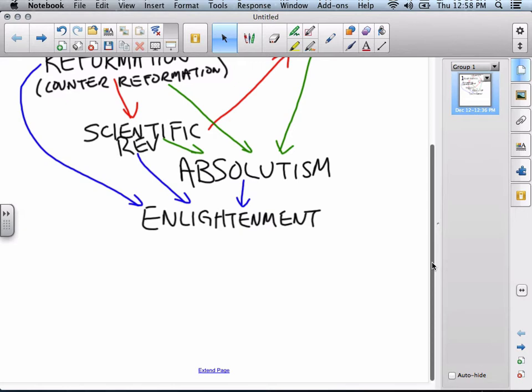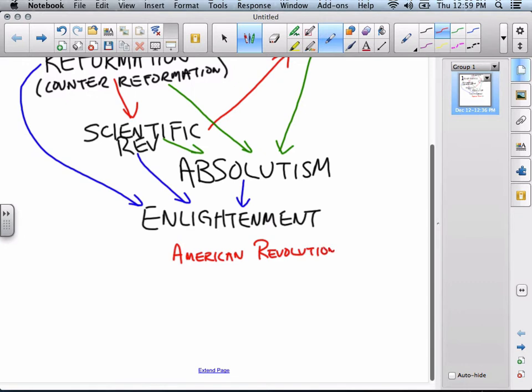Now this won't be something that you will write a full paragraph about, because it's something we didn't study individually in here. But you have to acknowledge that the American Revolution occurs in here, because it's a huge part of what you correctly said comes next, which is the French Revolution.